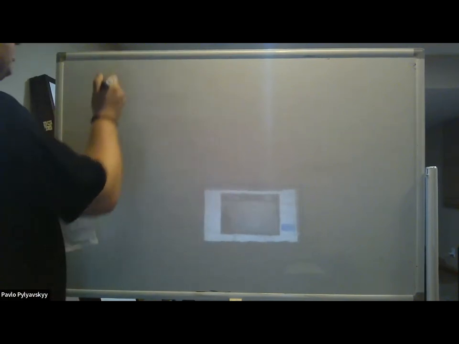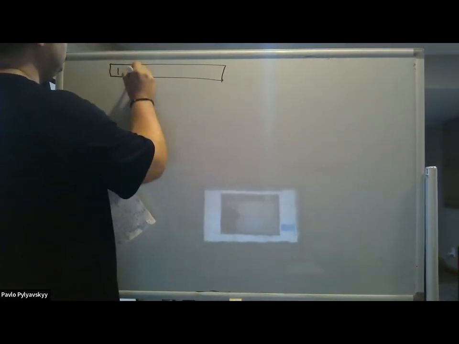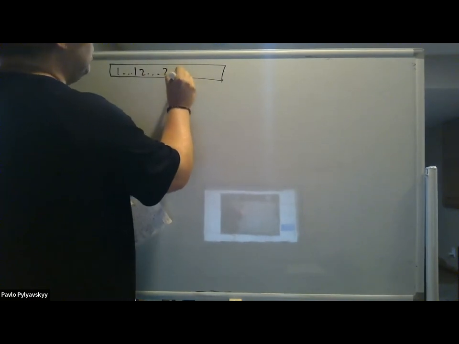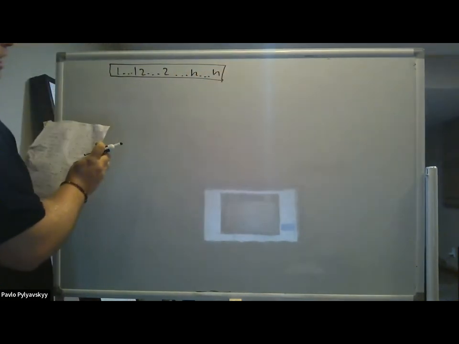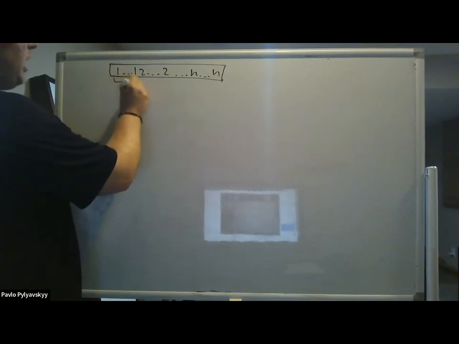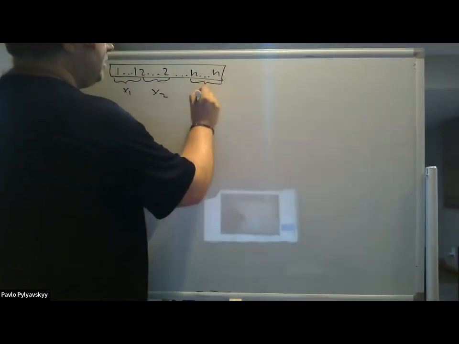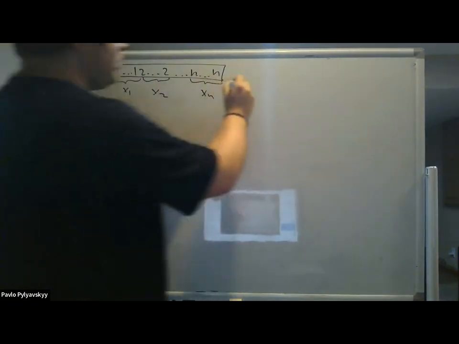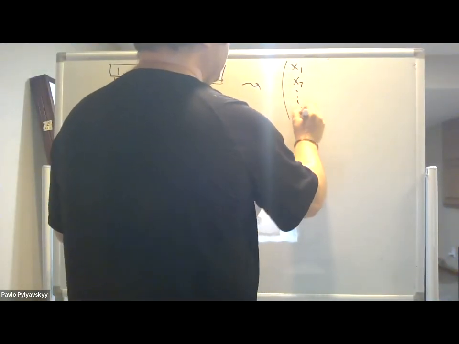Here's what we're going to do. Think of our single row crystal as just an n-tuple of numbers. I have x1 ones, x2 twos, ..., xn n's. So I correspond to it the vector (x1, x2, ..., xn).